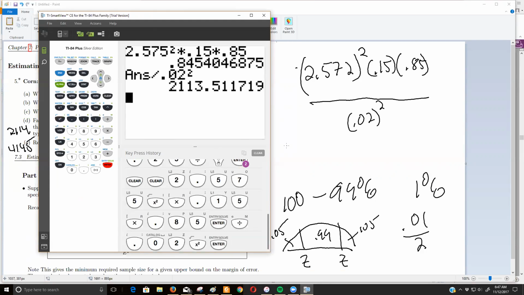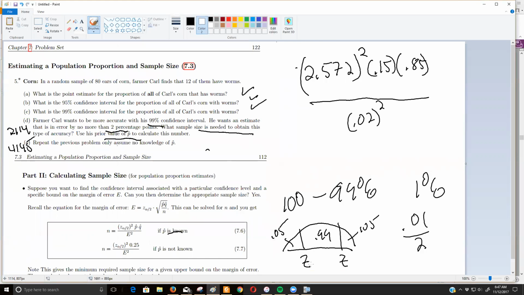Now, what about if you didn't know what p hat was? Let's see where he's got the 0.25, and we know where that came from, because we talked about 0.5 being the estimate for p hat. And I'm just going to get rid of this. I'm just going to write 0.25 here if I can.